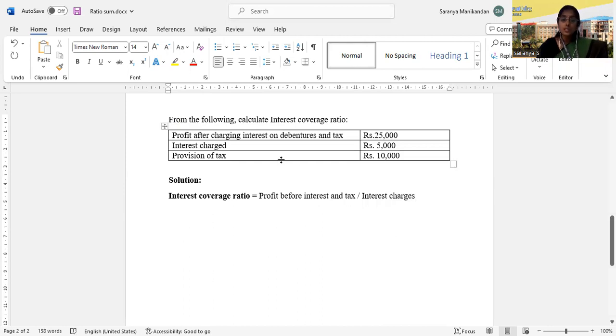Okay, so interest charge is given in the question, 5,000. Profit before interest and tax is what we need, but then it is given in the question.